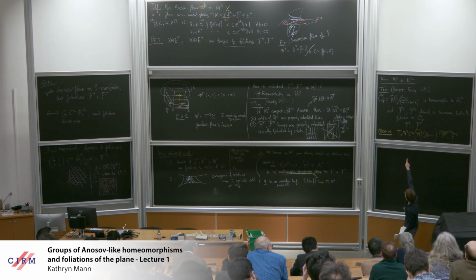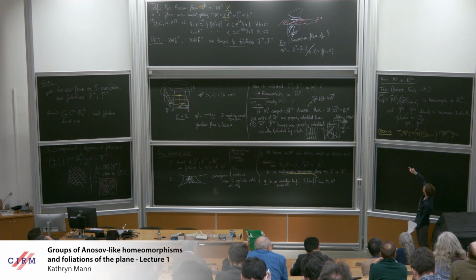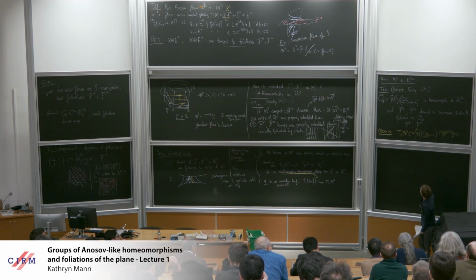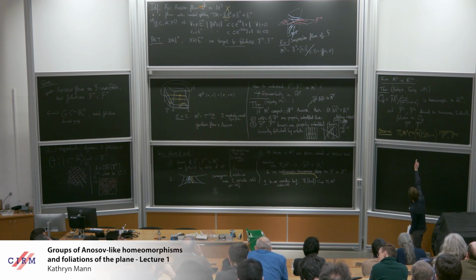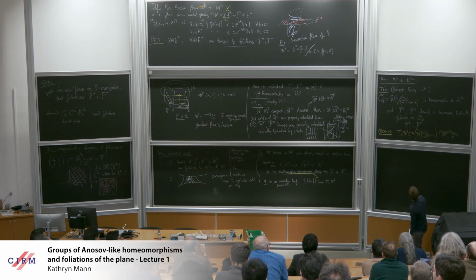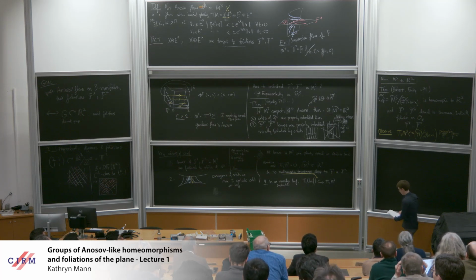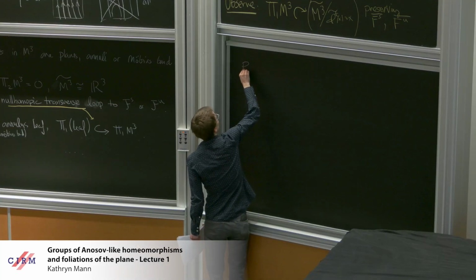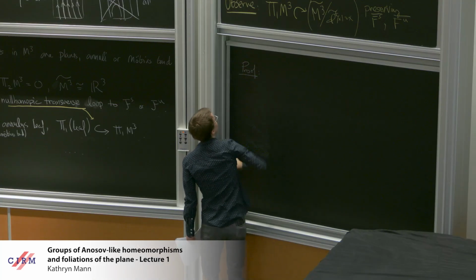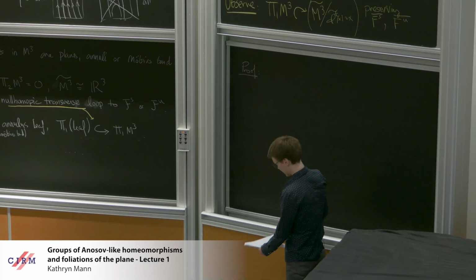Okay, let me sketch again. Actually, I think I can do it in better detail this time, this result of how you get an actual plane, because it's not so bad. So let's see how this works.